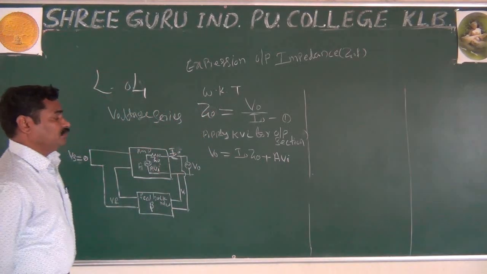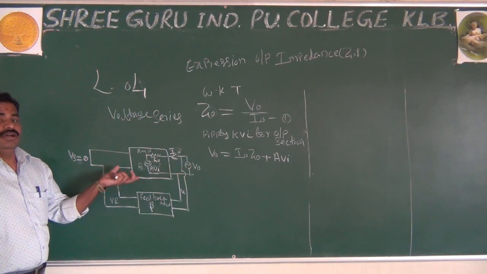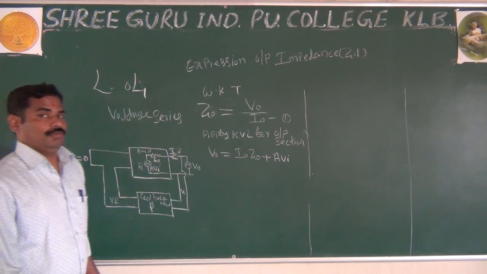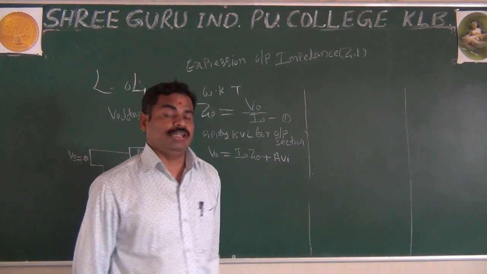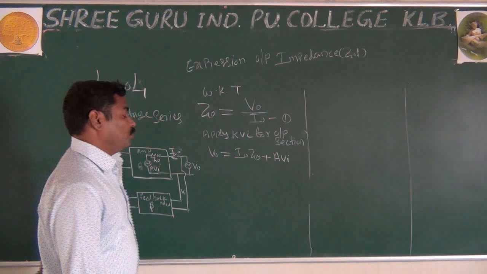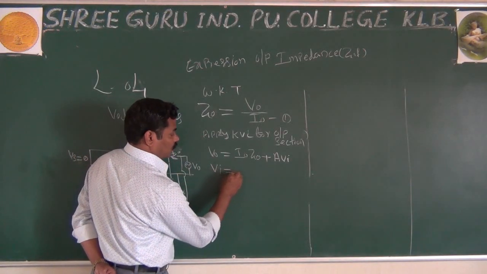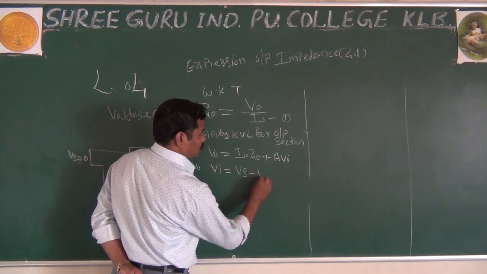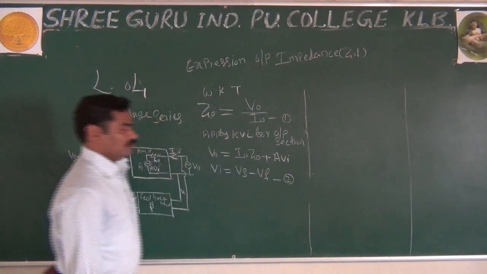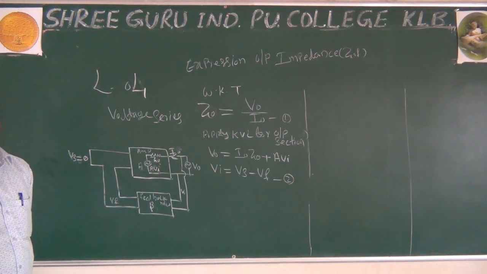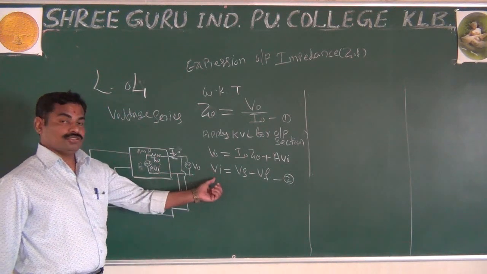Then, as we know already, in your amplifier, when you are finding the output impedance and also using negative feedback, the input voltage Vi equals Vs minus Vf. This is equation number 2. If you apply negative feedback in an amplifier, the input voltage decreases.